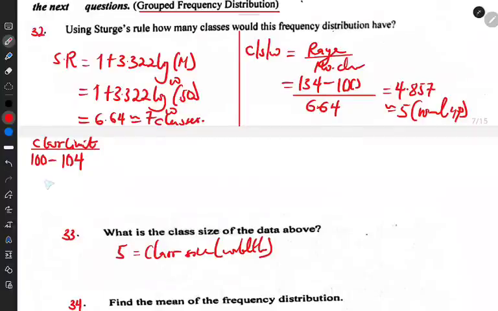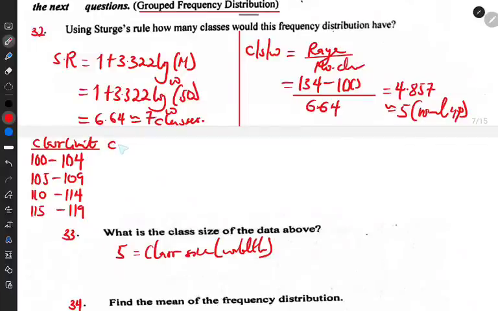105 to 109, and then from 110 to 114, and then from 115 to 119. All right, and then we do the same. Let me have another class limit here because of my space.